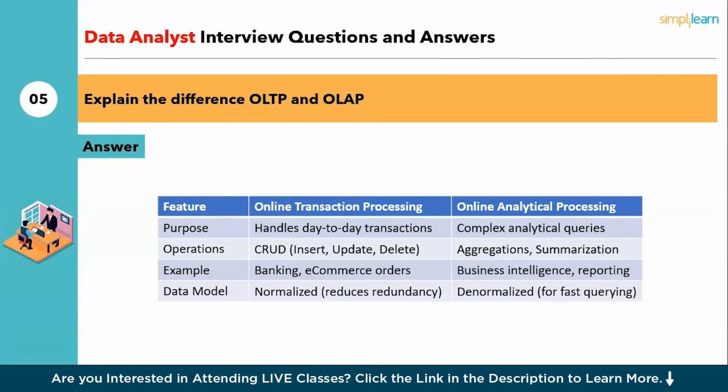And for OLAP, you have business intelligence, reporting, data analytics operations, etc. And lastly, data model. For OLTP, you have normalized data entries, and for OLAP, you have denormalized data entries, faster querying.